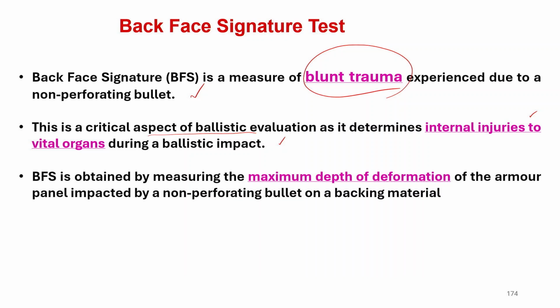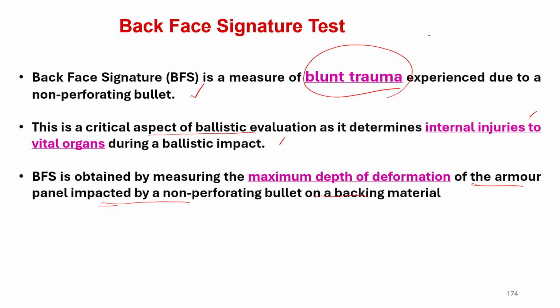This is obtained by measuring the maximum depth of deformation in the backing material of the armor panel, that is, at the back of the armor panel there will be backing material. This is done by non-perforating bullets on the backing material.